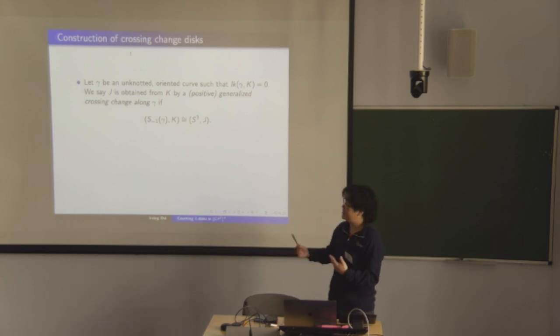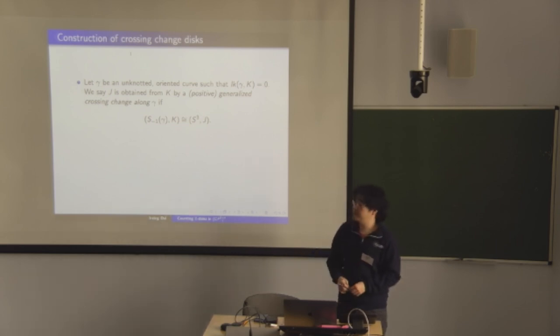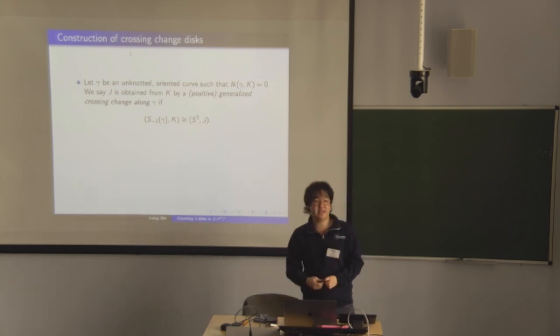I told you that if I have a knot and I can do a crossing change to an Alexander polynomial 1 knot, then that knot is Z slice inside of CP2.